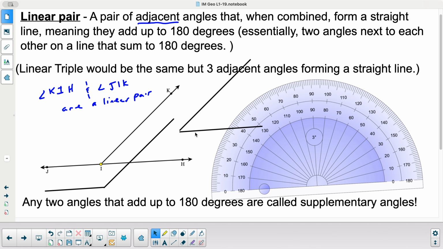These two angles, we know that they add up to 180. Let's say this was 38 and this was 142. I'm going to measure them in a minute, but they're supplementary, but they're not next to each other forming a line. So we don't call them a linear pair. Just be aware of that.